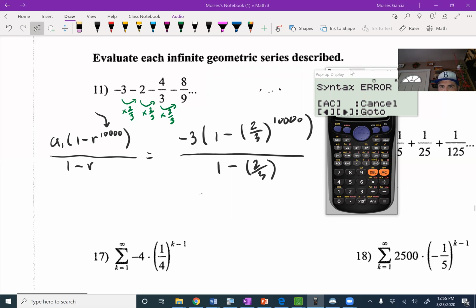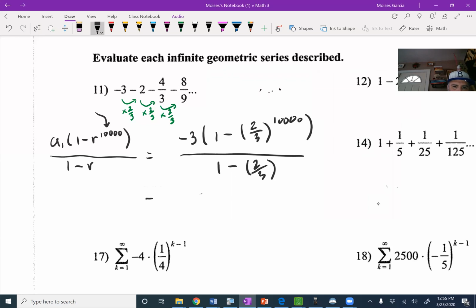All right, syntax error, let's see. Probably didn't close off a parenthesis here. Yep, didn't close off those first ones. I'm going to go behind the power one more to the right and then close them there. And that gives me -9, and this is getting closer to -9.